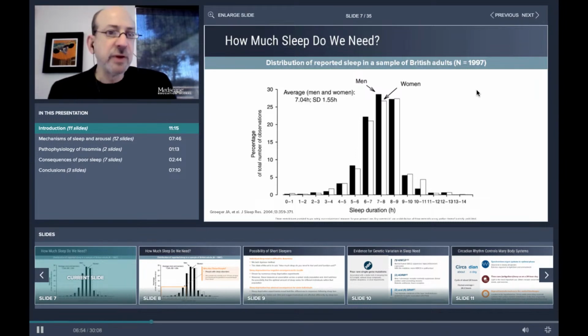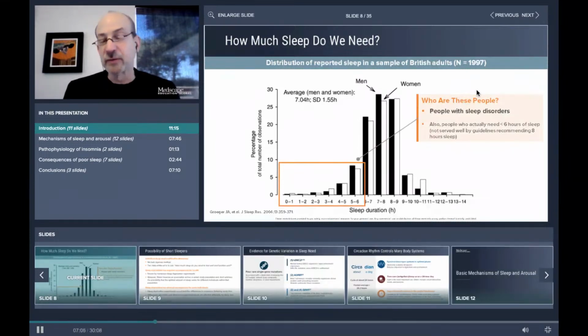And interestingly, there is a set of people that's not small in number who form the tails of this distribution in both directions. And just in terms of sleep need, the question we're usually addressing is about people who are getting less than 7 hours of sleep. Who are these people? Some are clearly people with sleep disorders who would like to be able to sleep more but can't.